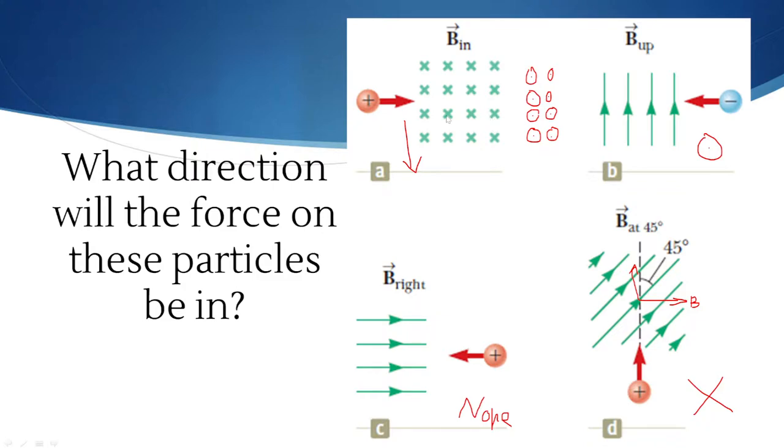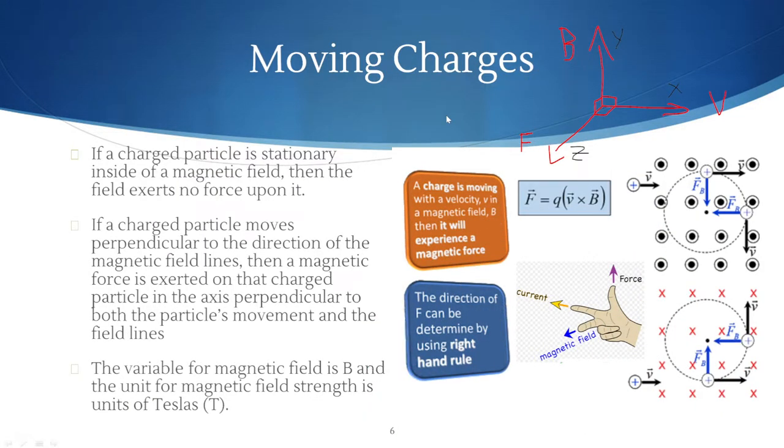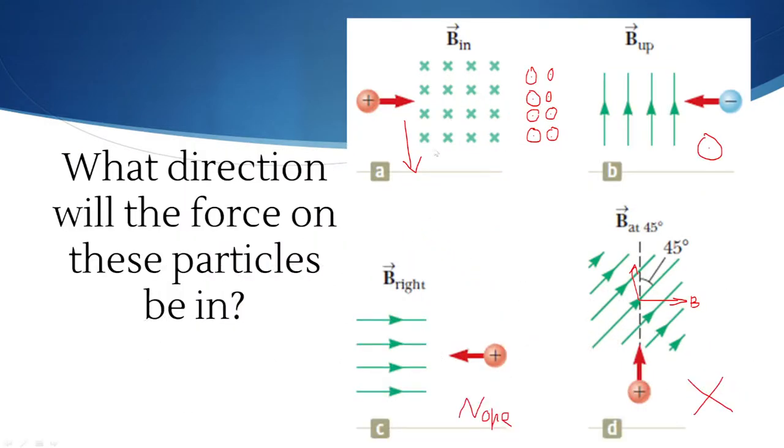Magnetic field into the screen, the... Well, shoot, I'm realizing that I might have got this backwards yesterday. Field into the board, current that way. The force would actually be upwards in that case. Whoops.